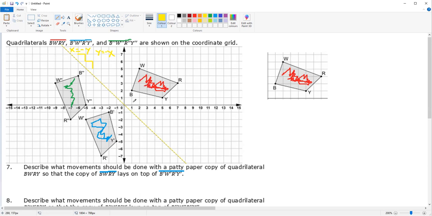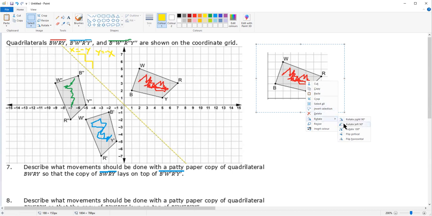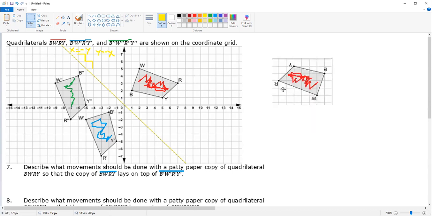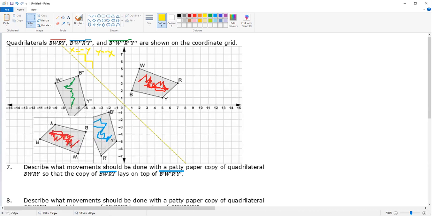So if I were to figure out what this was, let me see what happens if I rotate this thing. It's not a 90-degree rotation. Let's see if I rotate it 180 degrees. Nope, that doesn't match.